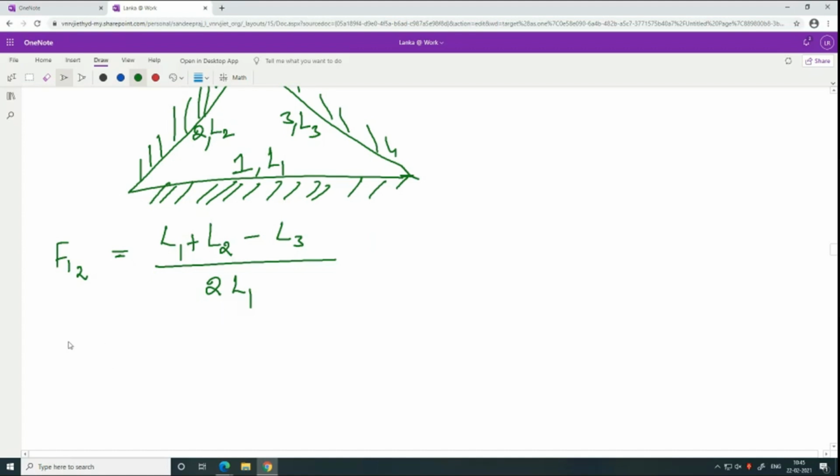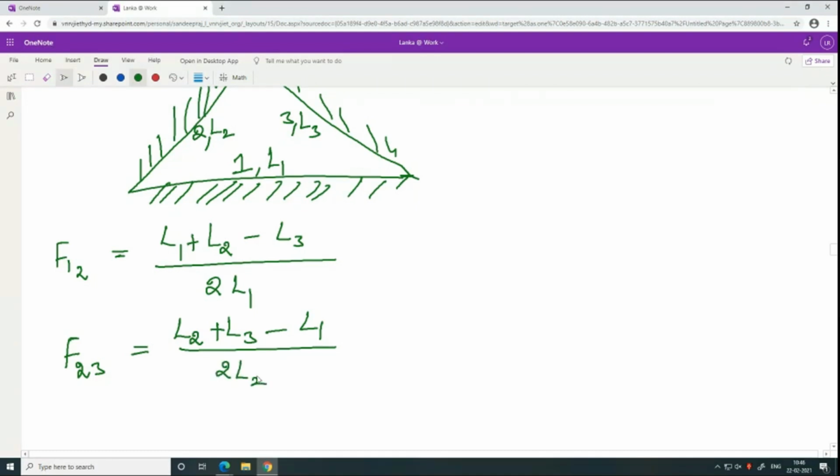Okay, so can you guess what will be the formula for F23? Please tell me. L2 plus L3 minus L1. Correct. What is in the denominator? 2L2. Correct.